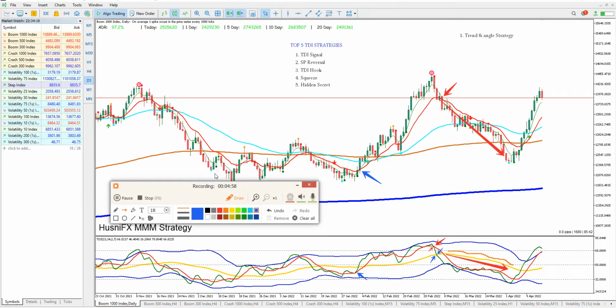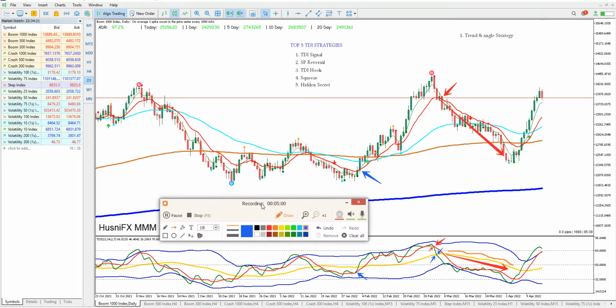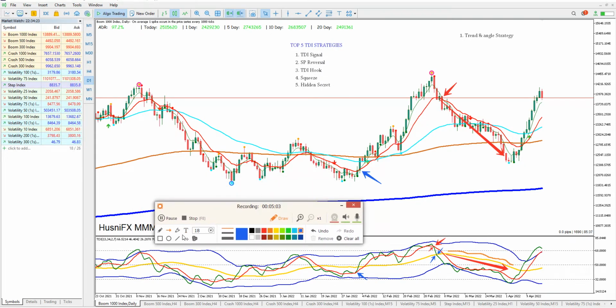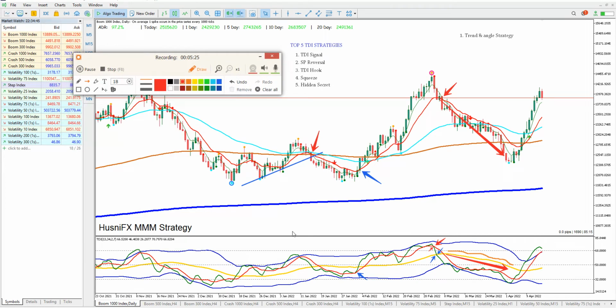Whenever we want a breakdown, for example in this condition, a breakdown in this condition, we can see that this market has made a break there. In here we can see the same condition, the same thing like a crossover.